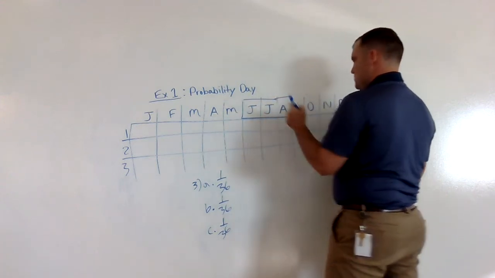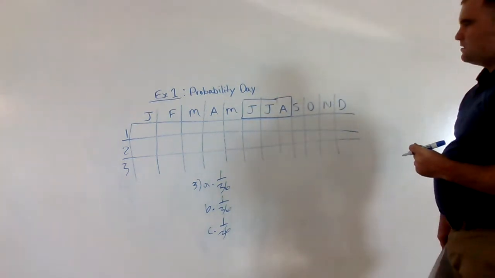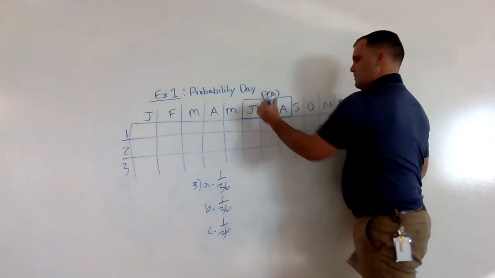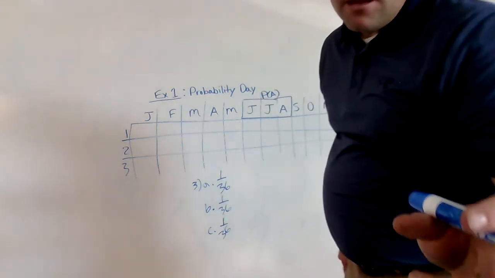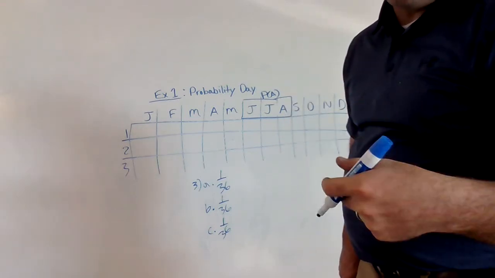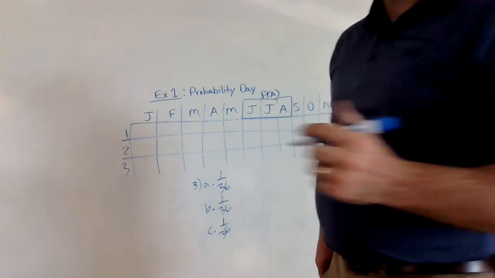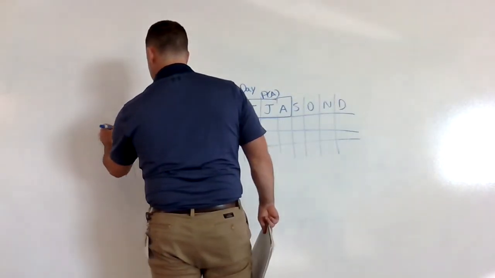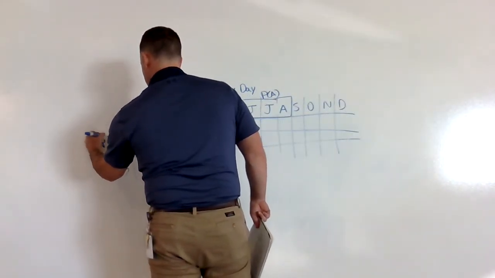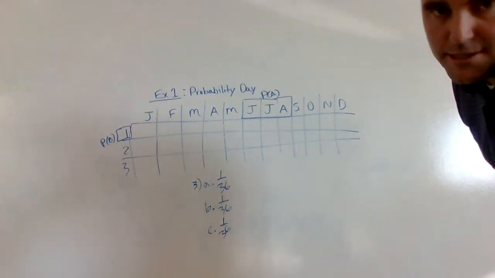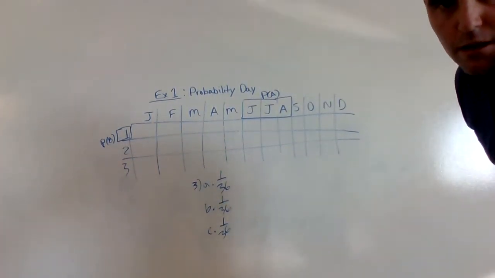So we're going to assume that those are our summer dates, June, July, and August. And then probability of B is going to represent the likelihood of choosing the first day of the month. So that's going to be probability of B. Again, let me make sure you guys can see all this. We're in good shape.